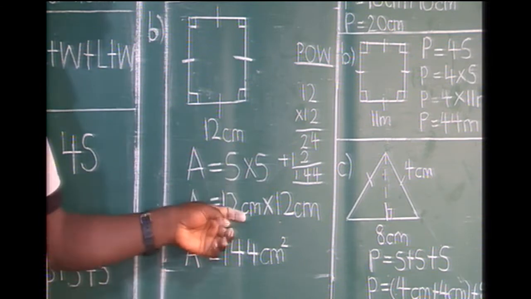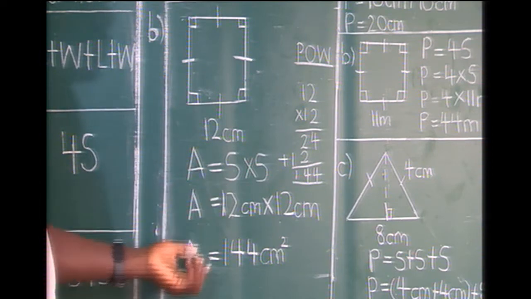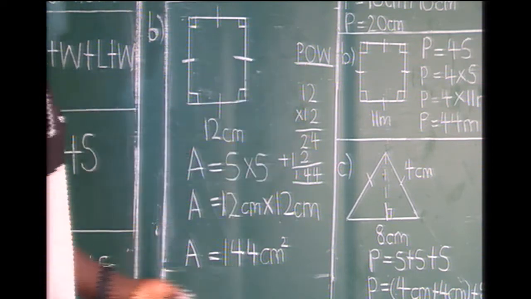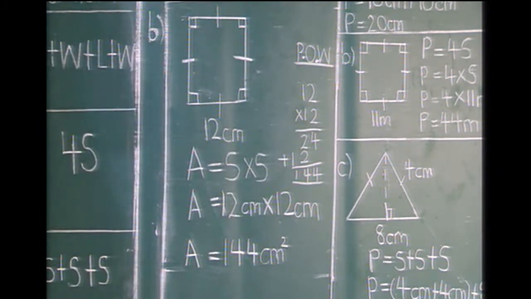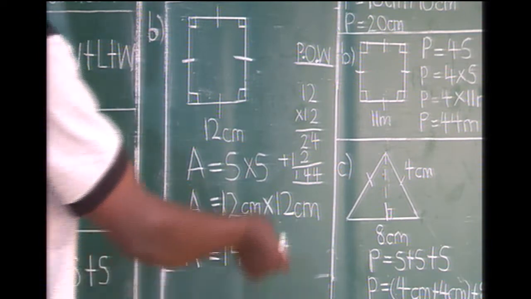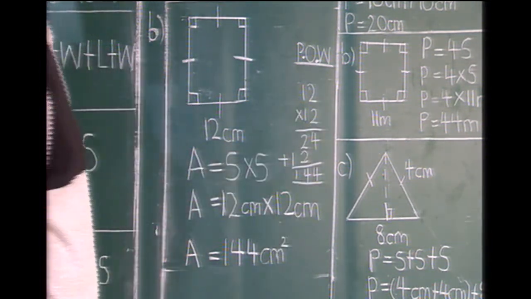Area equals 12 centimeters times another 12 centimeters. Now, if you don't know table 12, what you do is to do what's called part of work, sometimes referred to as side work. So multiply 12 times 12, meaning a 2-digit numeral by a 2-digit numeral.